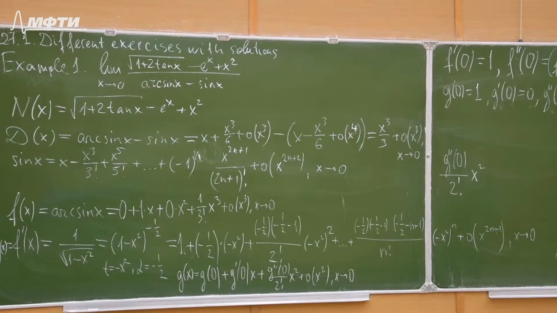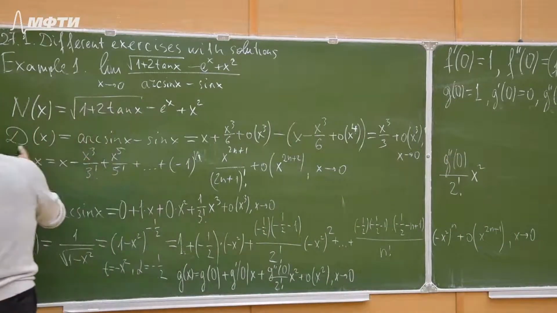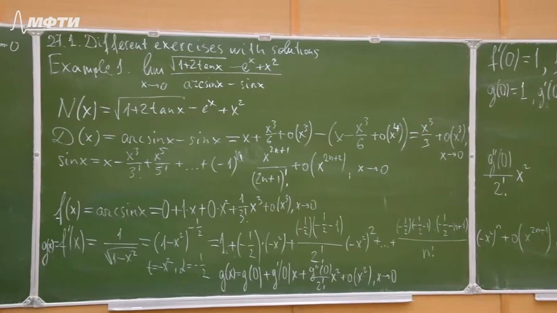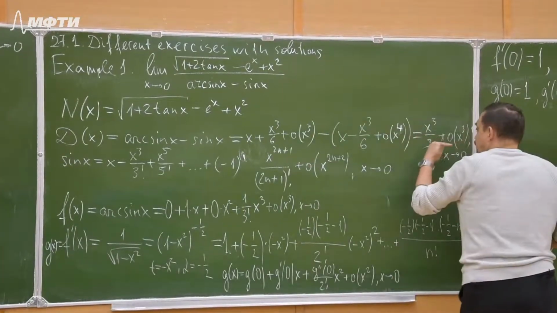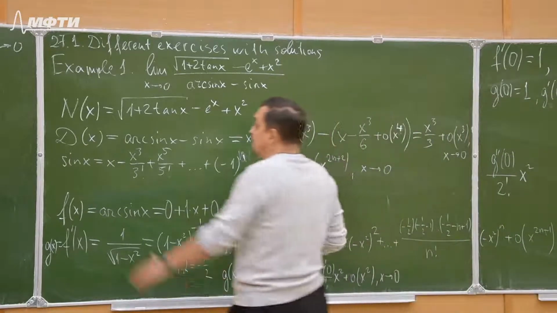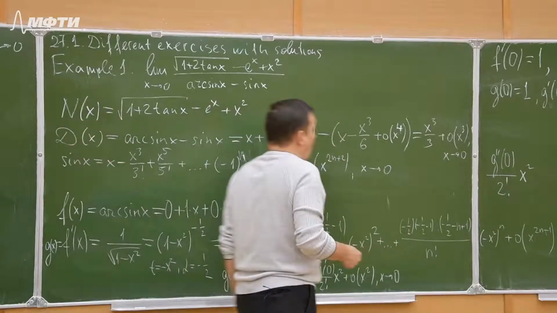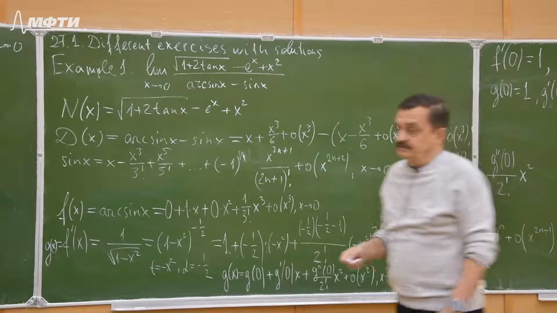So you see, the denominator shows us that we should stop on the third degree of x. Now we know that for the numerator we also need to stop on the third degree.